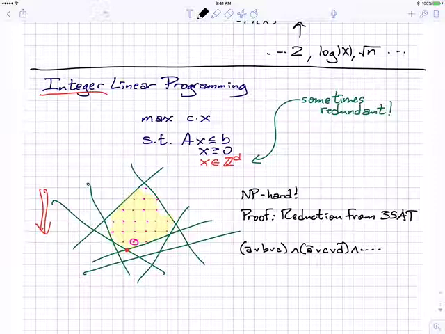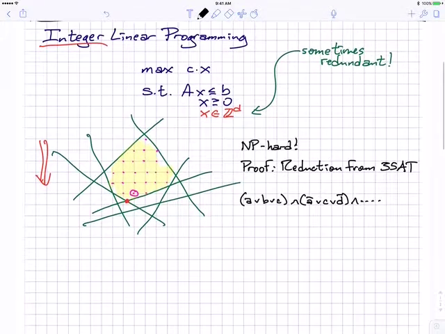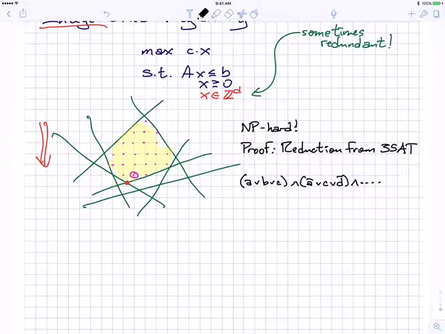Okay. So I'm given some arbitrary 3-SAT formula, and I want to turn it into some kind of integer linear programming problem. A bit is an integer between 0 and 1. Right, so what I'm going to do is set up a variable inside my integer programming problem for every variable inside my Boolean formula.